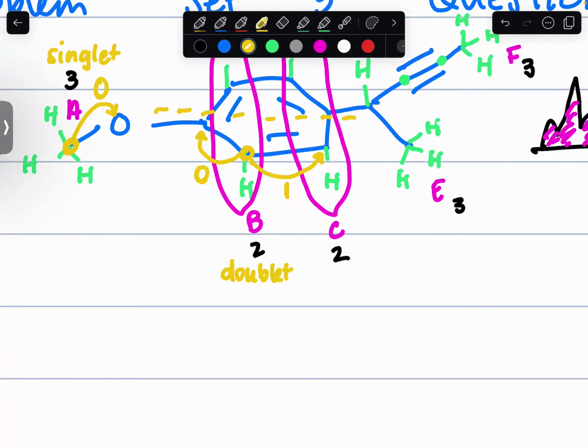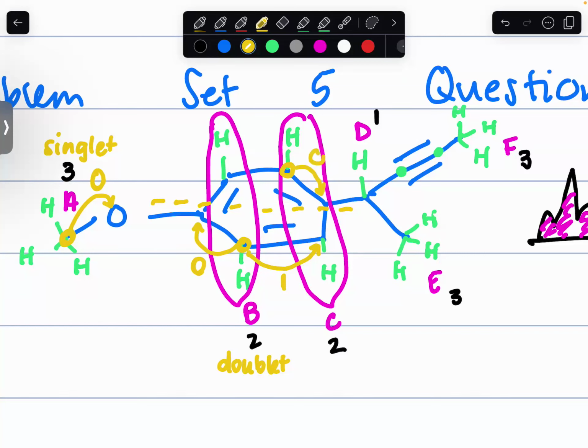You could count from the top if you wanted to. We can count from the top for C, where this is our parent, and we look here, and there's no neighbors, and we look here, and there's 1 neighbor. So this is also a doublet. But because it's symmetrical, you could go from either, but you'll get to the same answer.